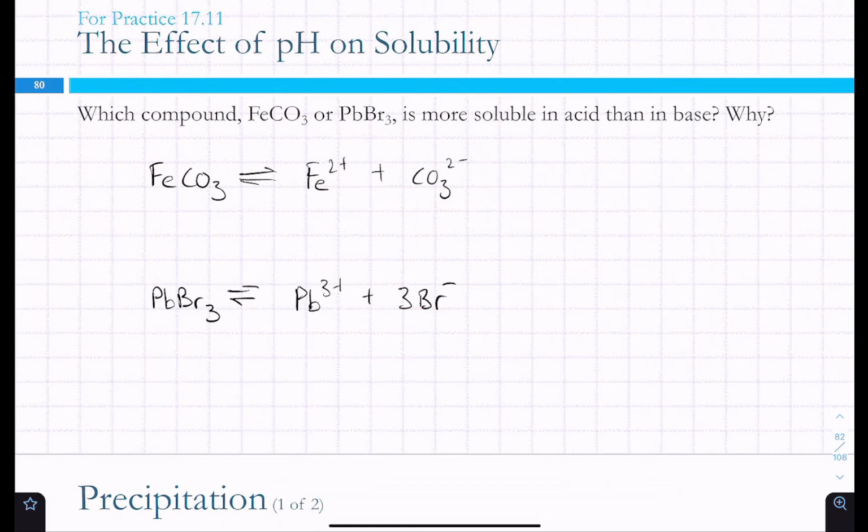How would carbonate, being the conjugate base of a weak acid, react with H+ in the solution?